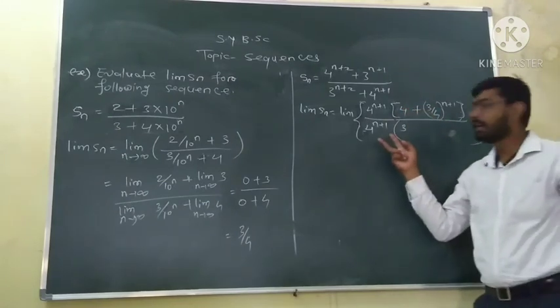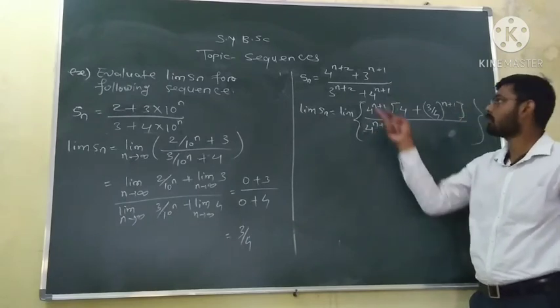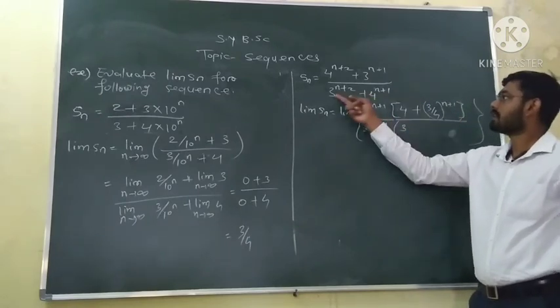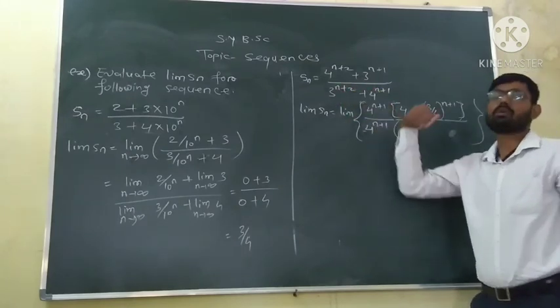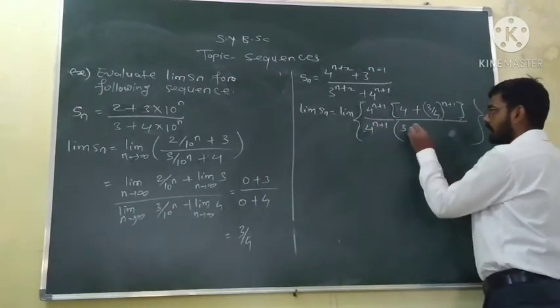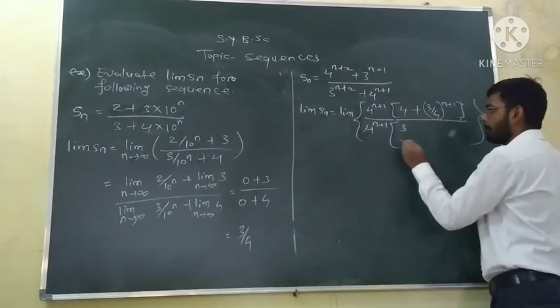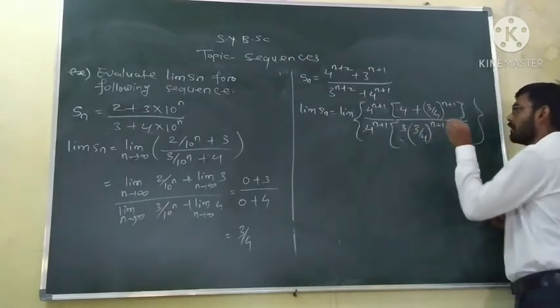Now we are again trying to take common 4 raised to power n plus 1 from the denominator. But here 3 raised to power n plus 2, we can write as 3 raised to power n plus 1 into 3. So we can write this as 3 into (3 by 4) raised to power n plus 1.